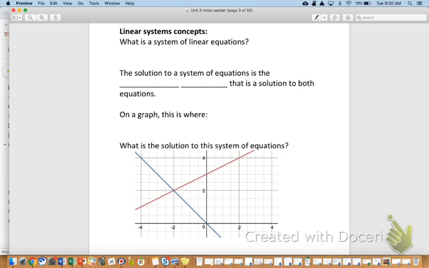So what is this? I want to explain what this is. A system of linear equations is more than one linear equation graphed together, graphed on the same xy axis system.